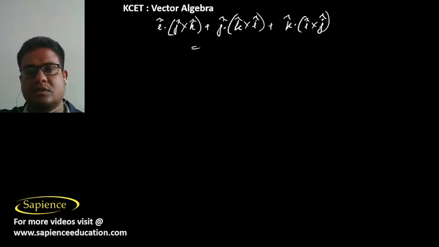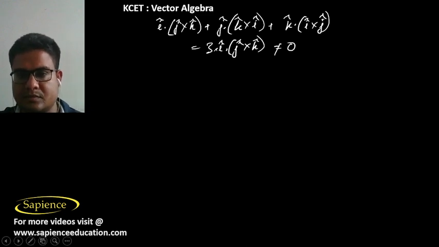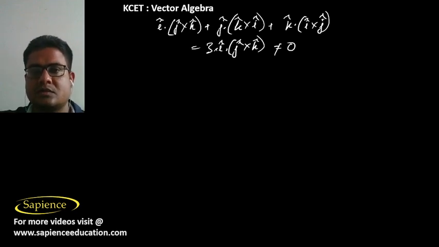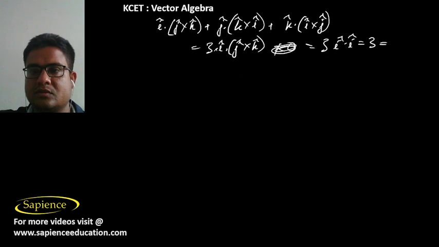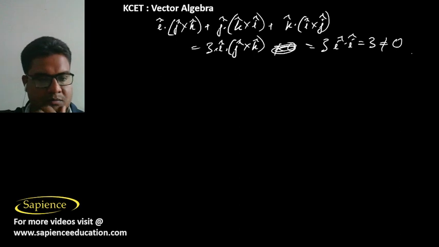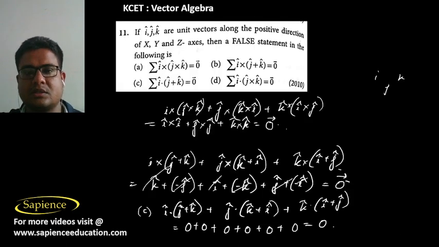That is not equal to 0, since that is equal to 3 times i dot j cross k. j cross k is i, so 3 times i dot i, that is equal to 3, not equal to 0. So therefore option D is the false statement. D is the correct answer.